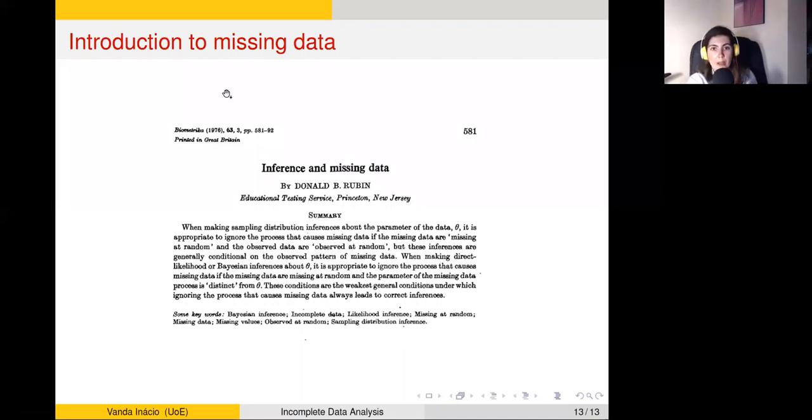It was published in Biometrika in 1976, and the title was Inference and Missing Data by Donald Rubin. The name of Donald Rubin will appear several times in this course because he's basically the creator of the area. He came up with a lot of notions and methods.